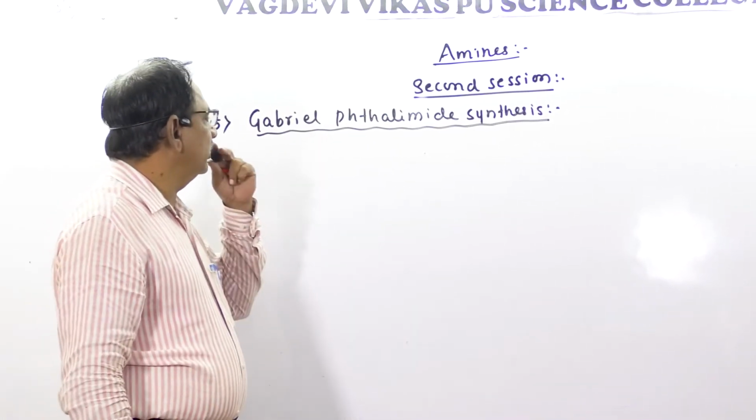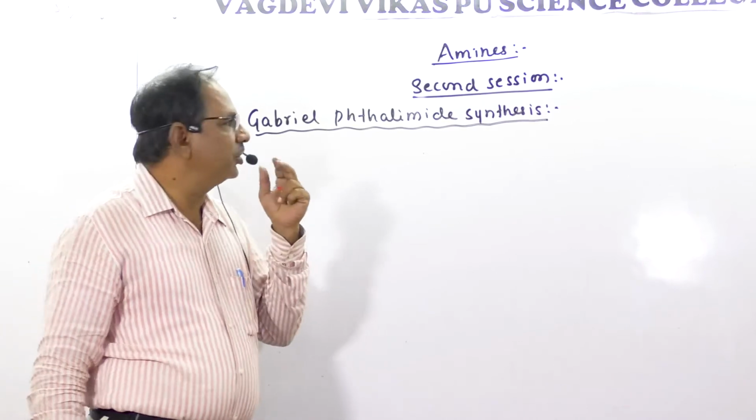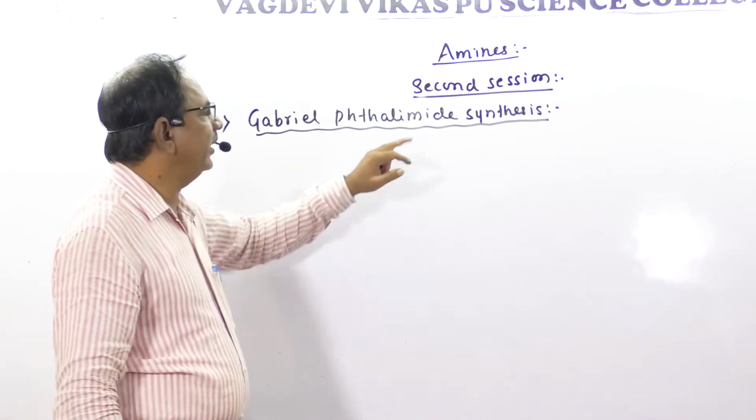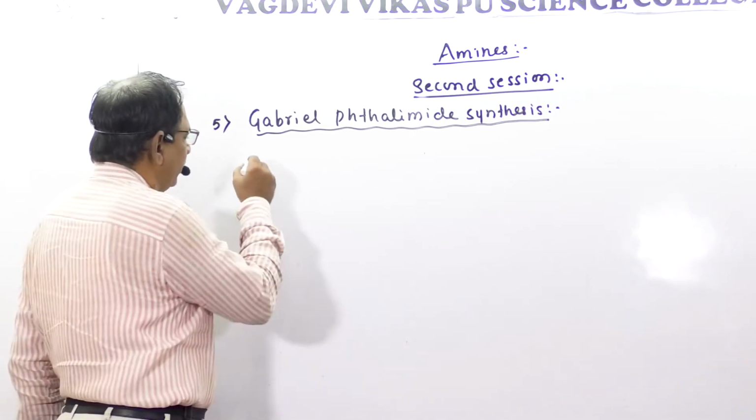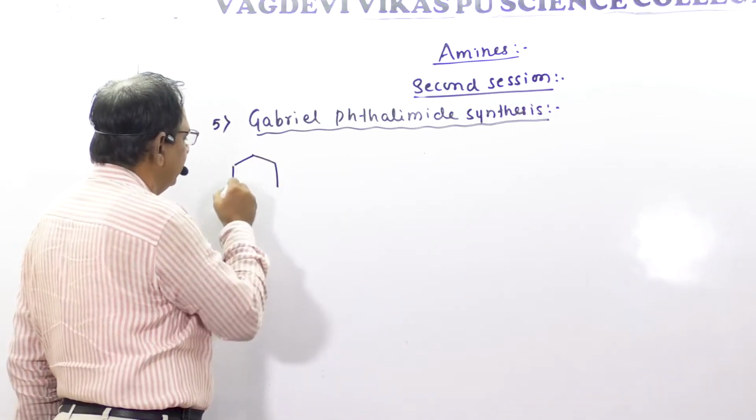In this method, Gabriel is the scientist who used phthalimide as a starting material for the preparation of amines.